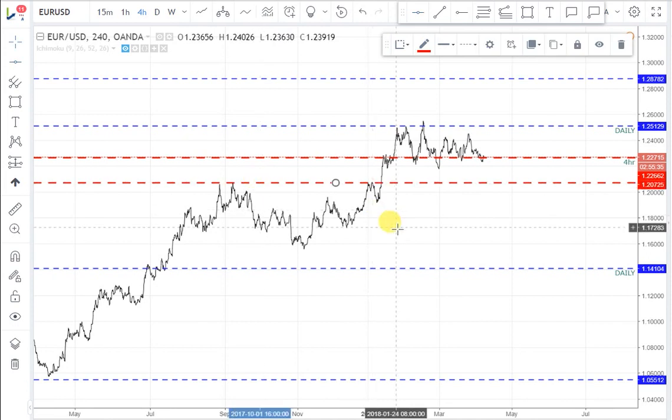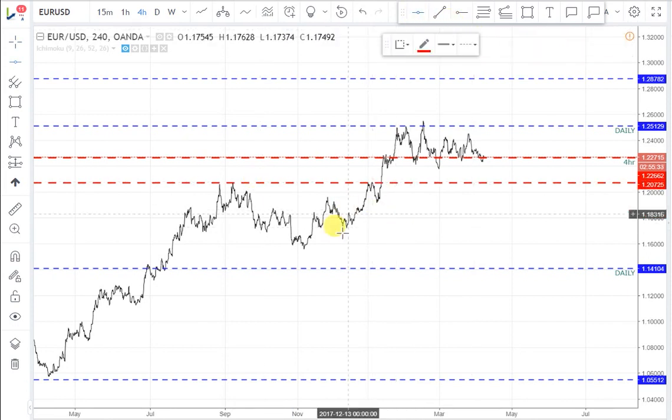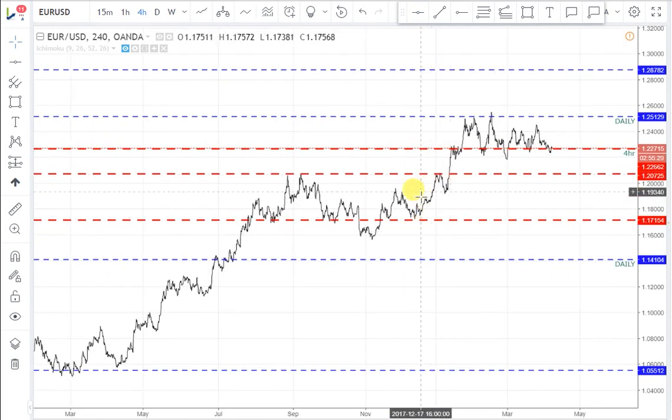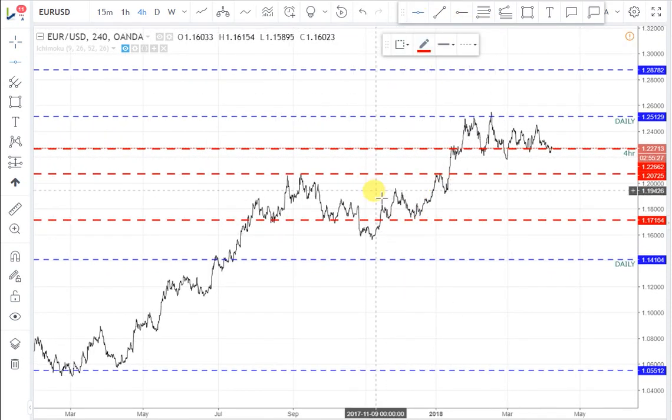So you get the point of distinguishing different levels and how they may affect your trading.